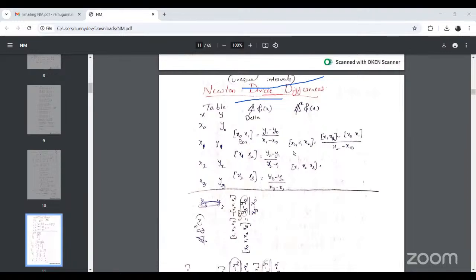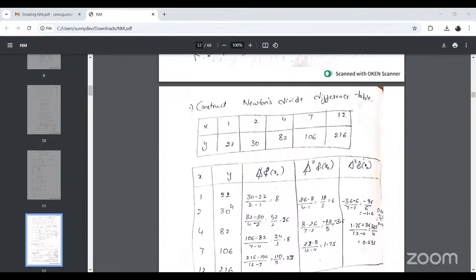In the same way, the bracket of x0, x1, x2 means the bracket of x1, x2 minus the bracket of x0, x1, by x2 minus x0. So this is the difference, and this is Newton's divided difference formula. Backward and forward are different, but this is it.